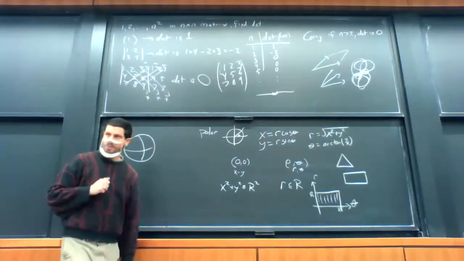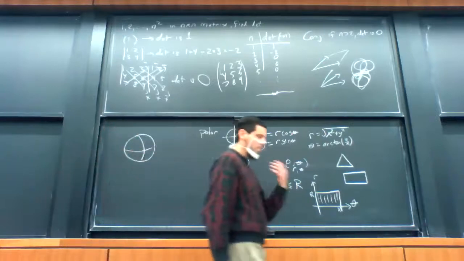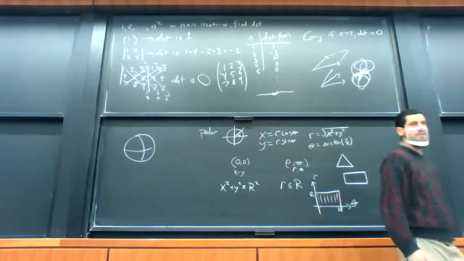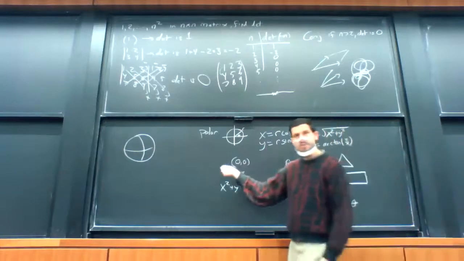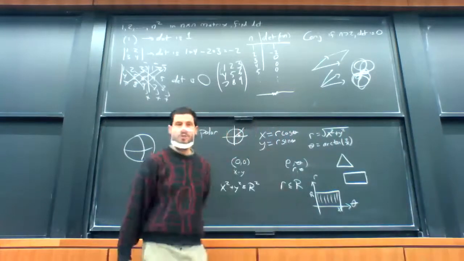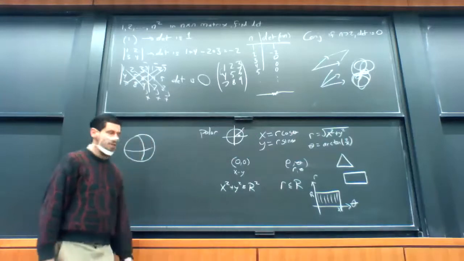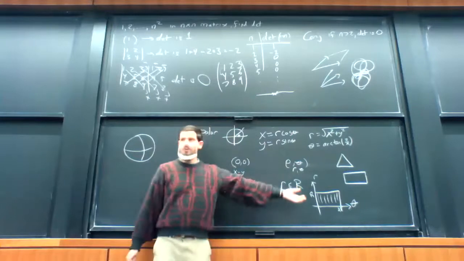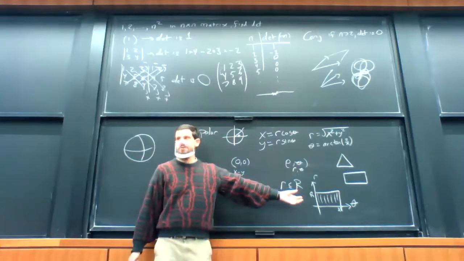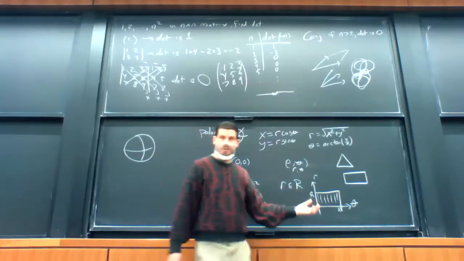A lot of multi-variable calculus comes down to where do you want to integrate? And you have a choice. You can integrate over the Cartesian space, or you can change coordinates to another space. Which is a nicer region to integrate over, a circle or a rectangle? I'd much rather integrate over a rectangle.